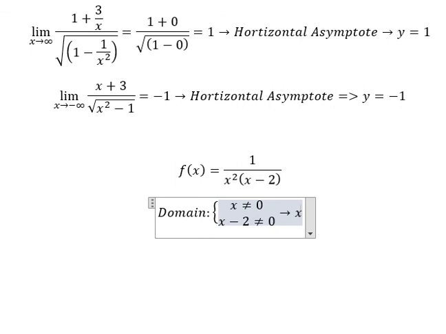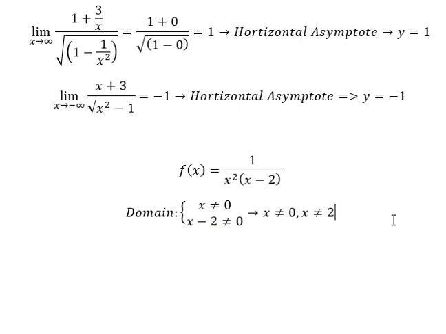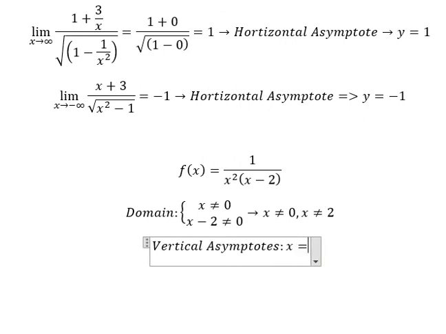So that means x cannot equal 0 and x cannot equal 2. So we can find the vertical asymptotes. They are x equal to 0 and x equal to 2.